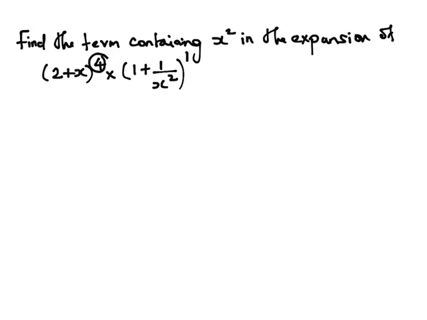So what will happen is 2 plus x whole power 4 will become 2 power 4. First term is 2 power 4, plus second term is 4C1 2 power 3.